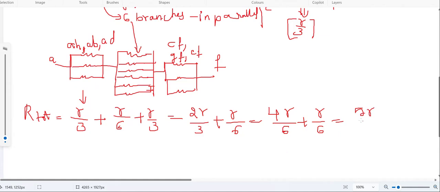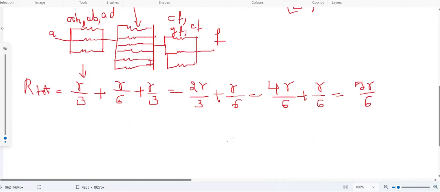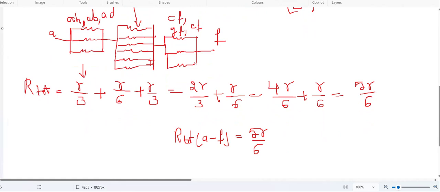So ultimately, the resultant resistance R total between A and F is equal to 5R by 6. Okay, this is the answer.